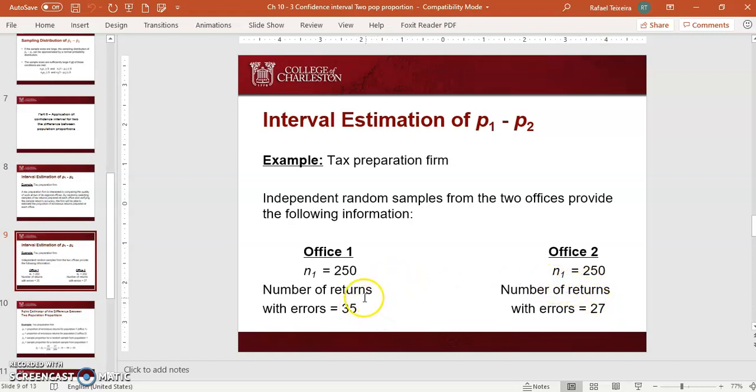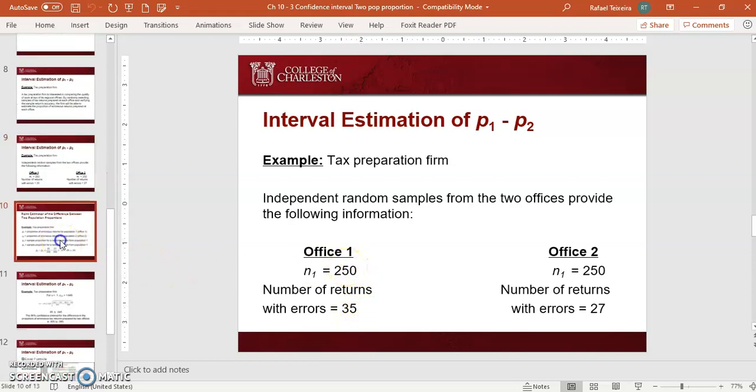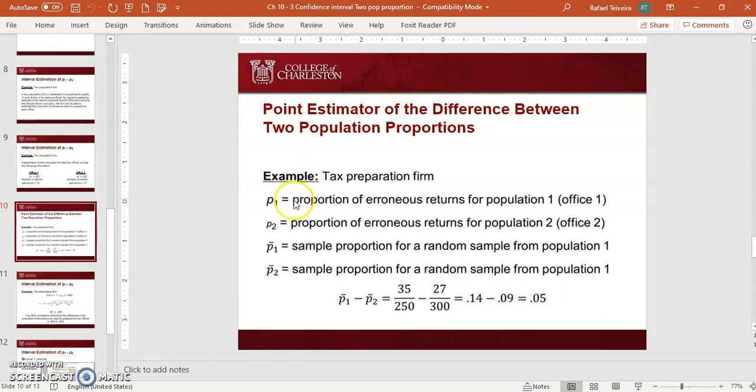So if we divide 35 by 250, I have the proportion of tax returns that are erroneous. Okay, so this is what we have here: proportion of erroneous returns for population 1, proportion of returns for population 2, and then the sample proportion.